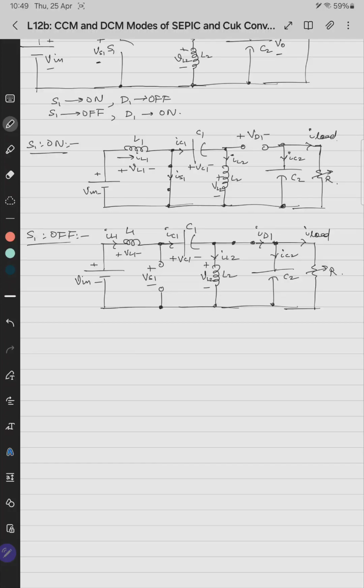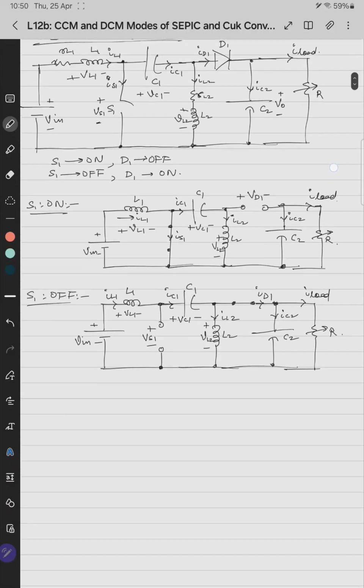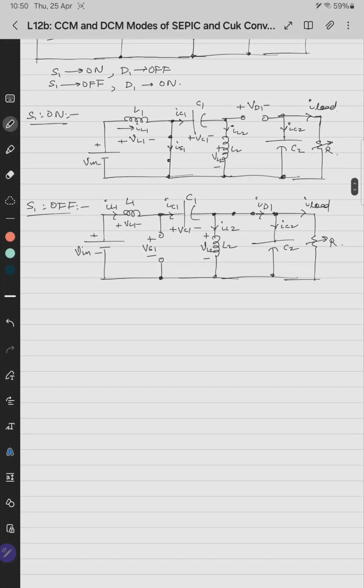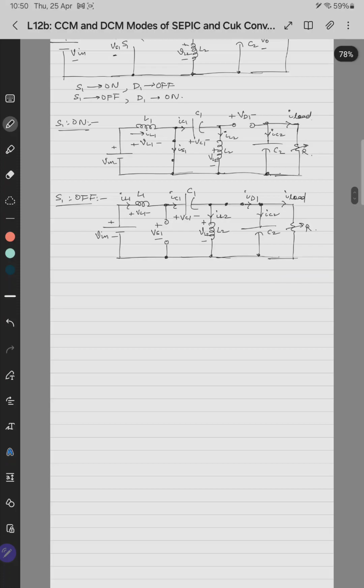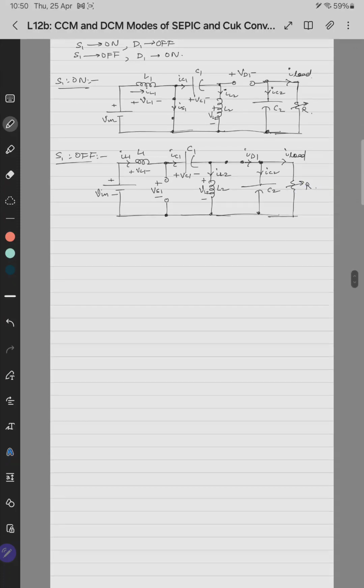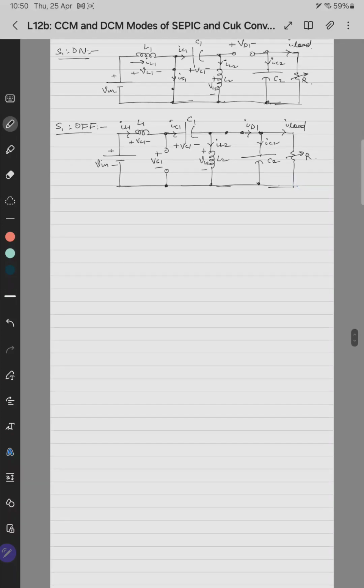So we'll draw the waveforms of all the states and all the other quantities of the converter, in order to start the analysis of the converter.